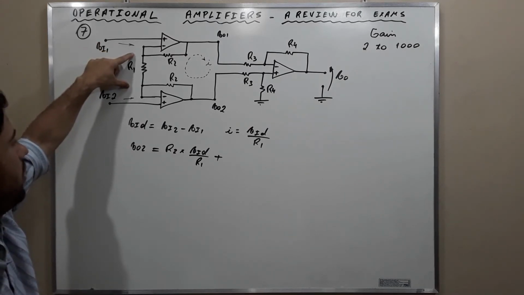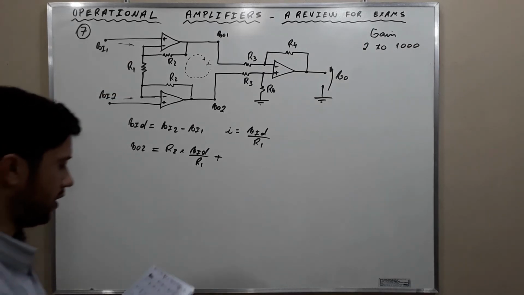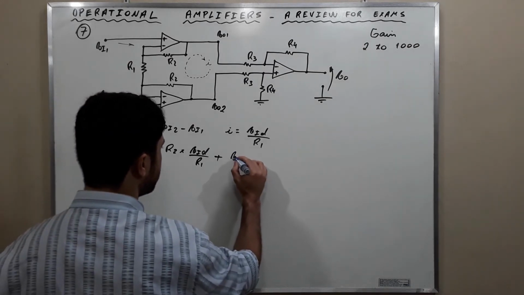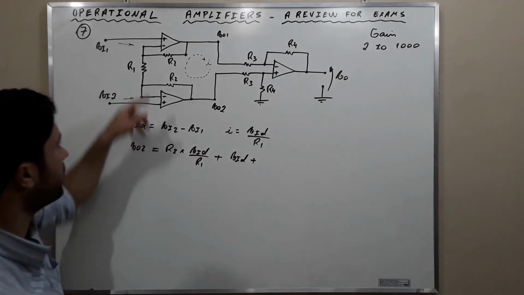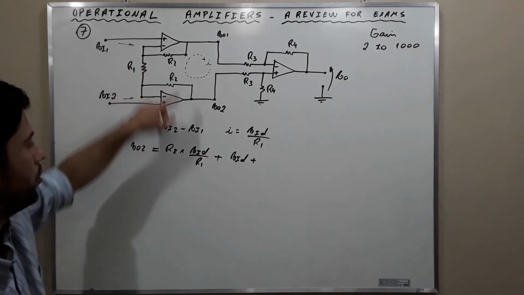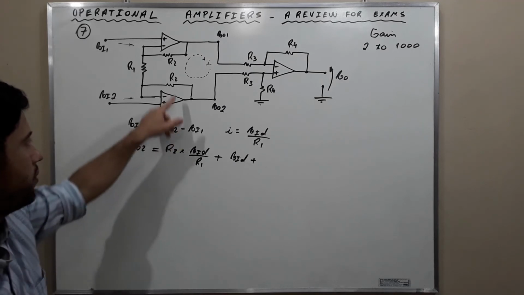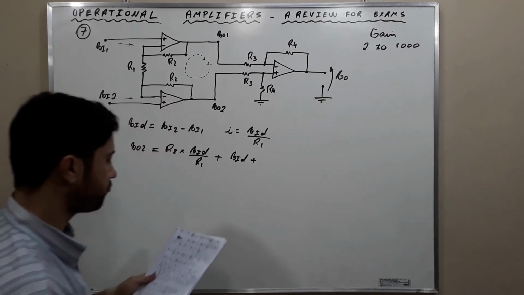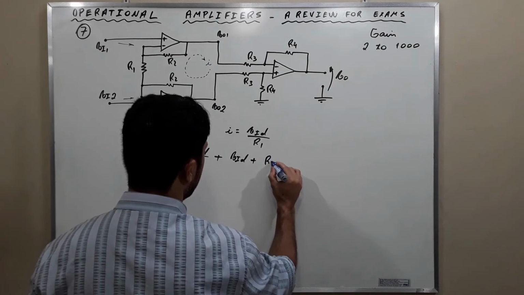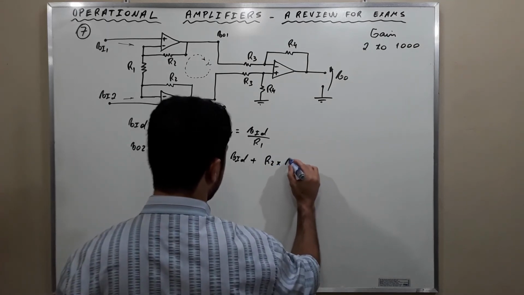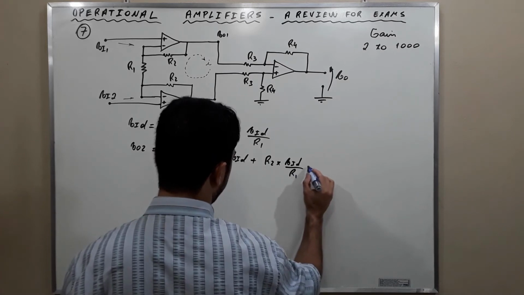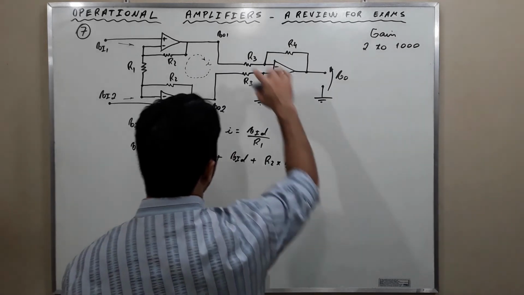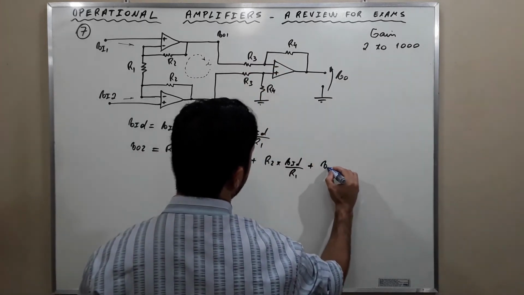We have already understood that this voltage is VID, VI2 minus VI1. Plus the voltage drop across this resistor here, which is the same as the voltage drop that we found for this resistor here, R2 times VID divided by R1, plus the voltage here, VO1.